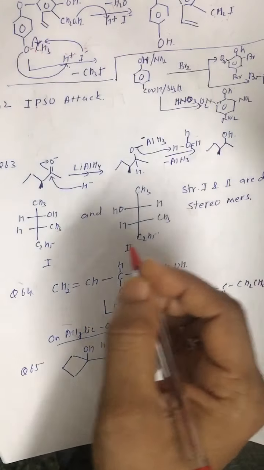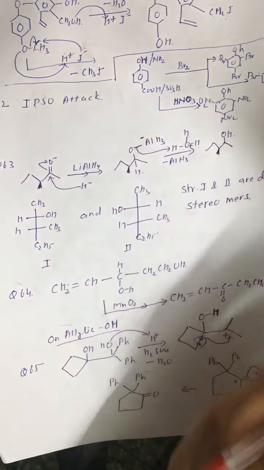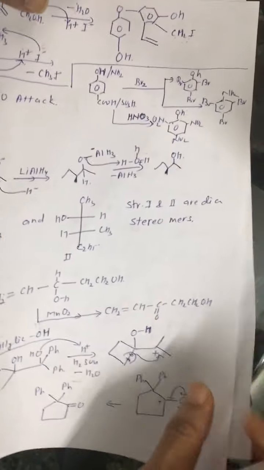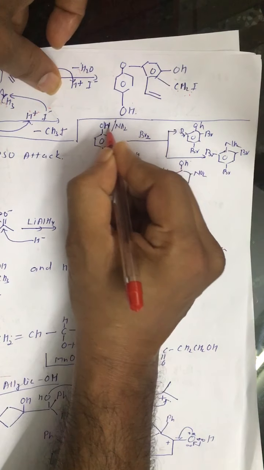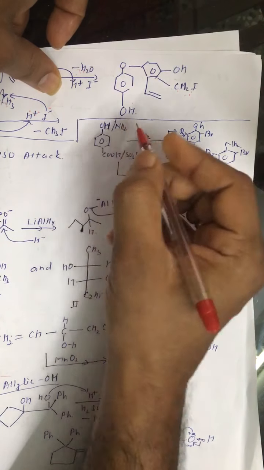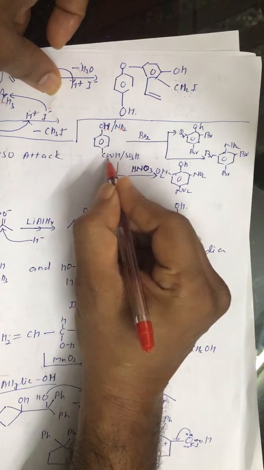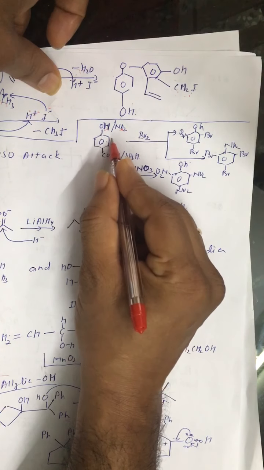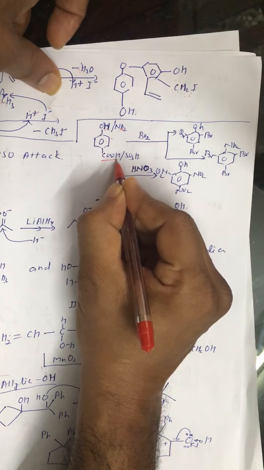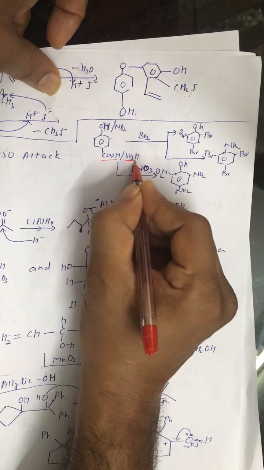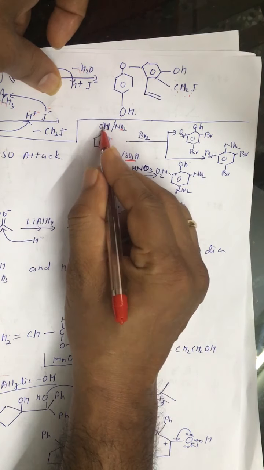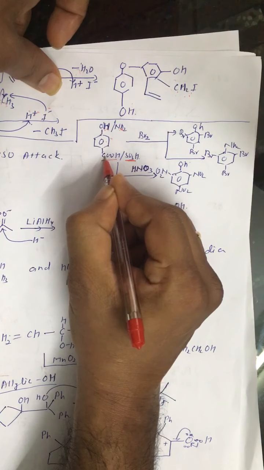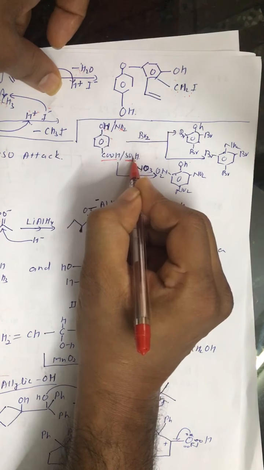And in this IPSO attack, what I suggest is, in case of phenol or aniline, because these two are in our syllabus, at ortho and para position, either at para position there should be COOH or SO3H. All right. At para position of phenol we should have a COOH group or SO3H.